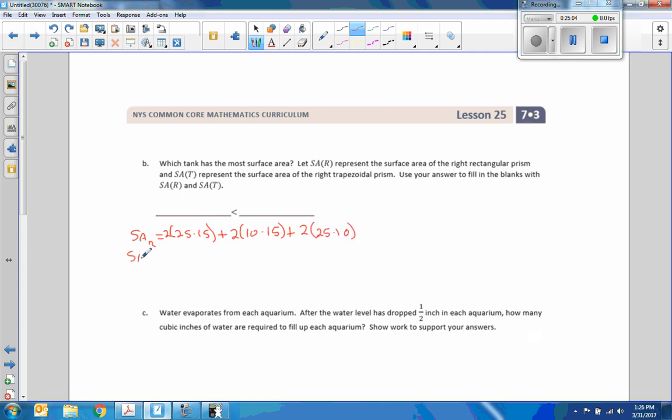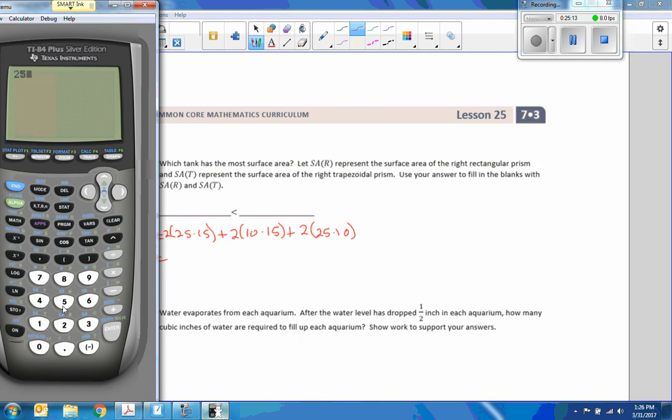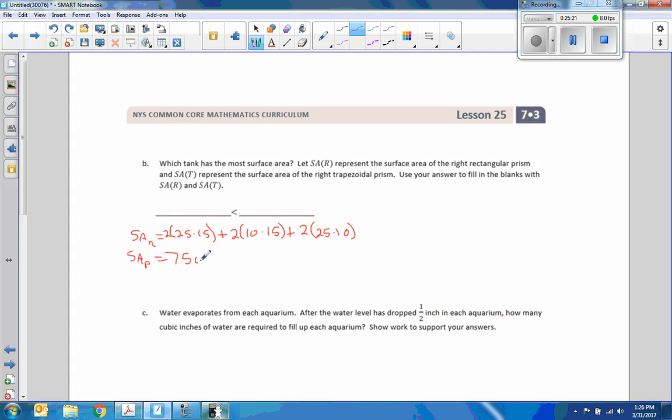So the surface area of the rectangle is going to be 25 times 15. I'm doing this a long time. I'm getting numb. 375 times 2, 750. Plus 150 times 2 is 300.